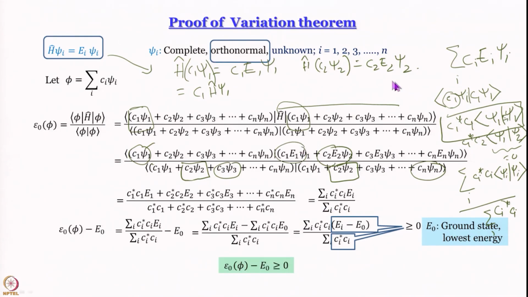Hence, we have been able to prove the variation theorem or upper limit theorem, which says that epsilon 0 minus E0 is greater than or equal to 0, or in other words the functional epsilon that we calculate by varying the parameters of phi can never be less than the actual energy, and that is a saving grace. Okay? That is why the variation theorem is so useful.